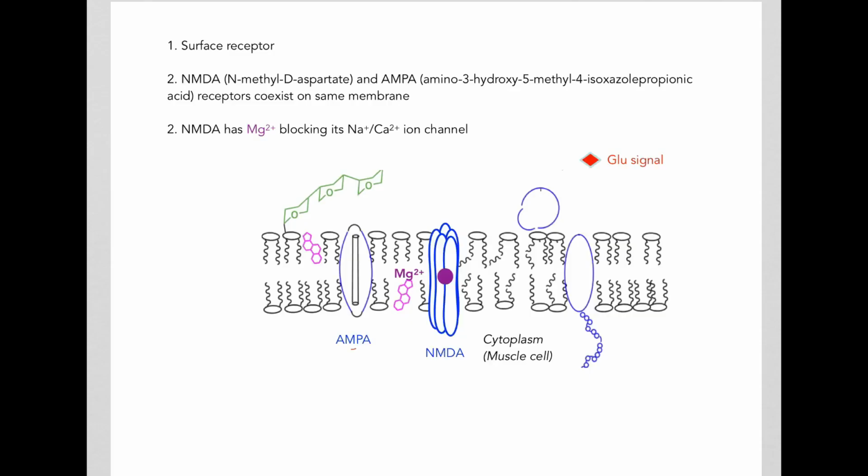Now, unlike the AMPA, the NMDA has a magnesium ion in the ion channel of the receptor. AMPA doesn't have that. The ion channel doesn't have a magnesium blocking it, but NMDA does have a magnesium ion that is blocking the ion channel.